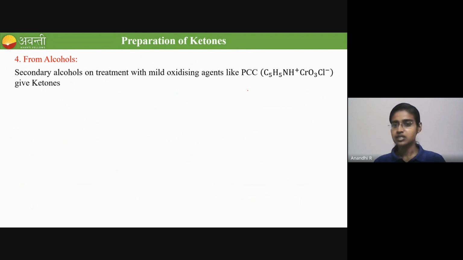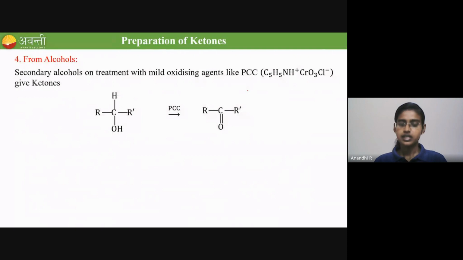We have discussed in aldehydes, if we take primary alcohol, we get aldehyde. And if we take the secondary alcohol, we get ketone. See, RCH2OH is primary alcohol and RCHOH is called secondary alcohol. So this secondary alcohol is getting converted to C double bond O. Okay, we get a ketone from this.